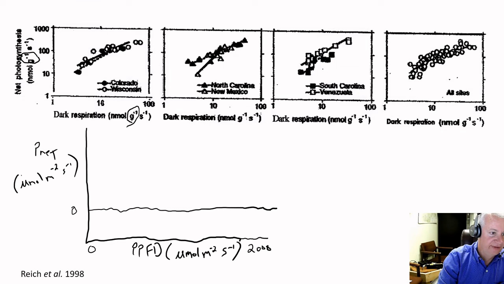Let's say we have a leaf that's grown in the sun, and that leaf will likely have a light response curve that looks something like this. And so this is a sun-formed leaf.